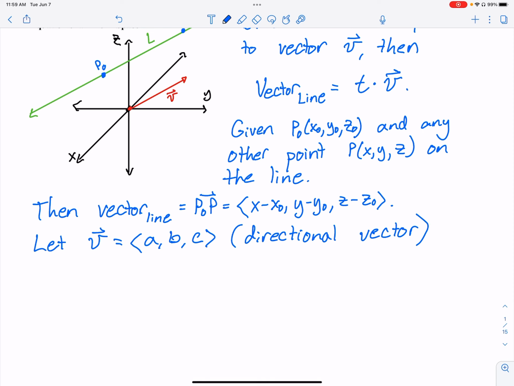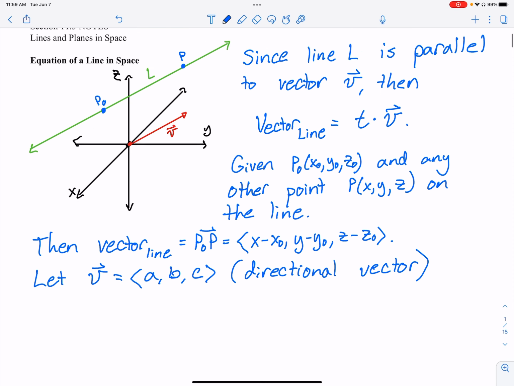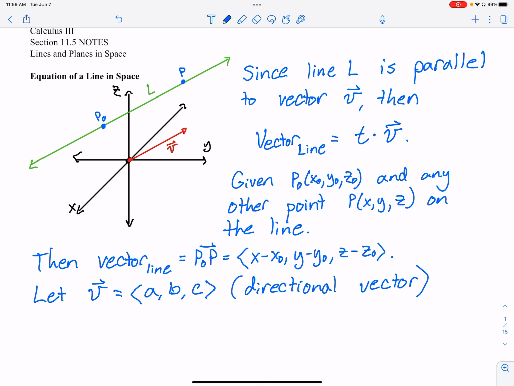All right, so let's recap. We have some line, green, and then some vector V, and we know that we want every vector on the green line to be parallel to V. That's what gave us this definition here. So the vector on the line is some constant multiple of vector V. I picked two points on the green line, P naught and P, just two different points, and then we created a vector.